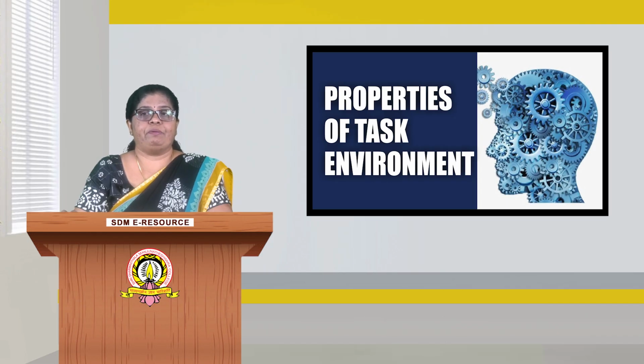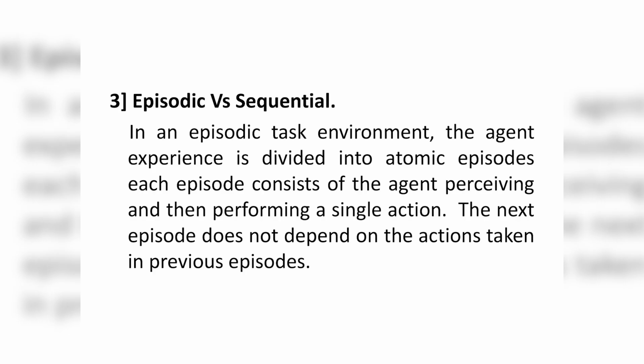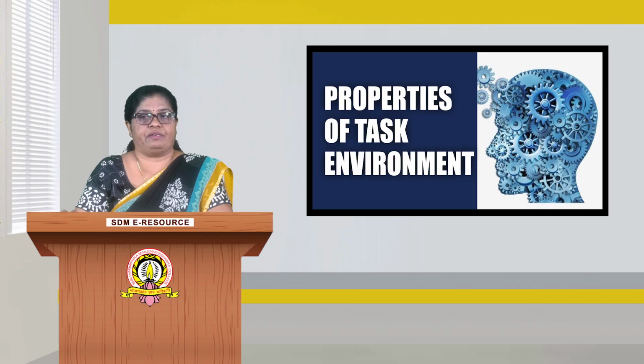Third one is episodic versus sequential. We know episodic means an agent experiences different inputs and these experiences are divided into a number of episodes. Each episode consists of the agent perceiving and then performing a single action.